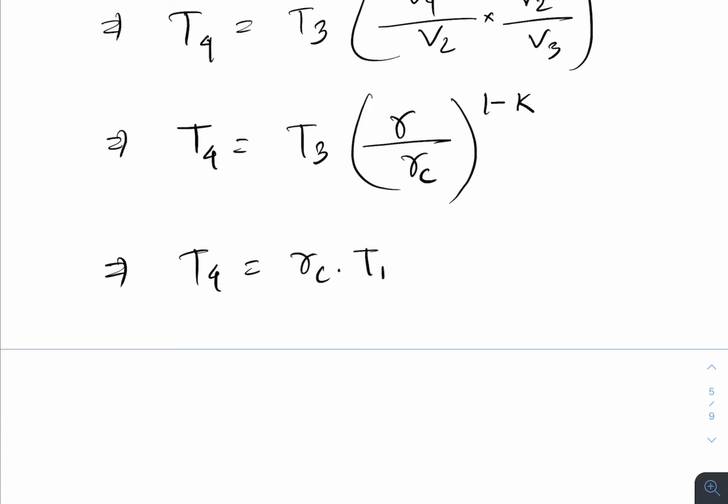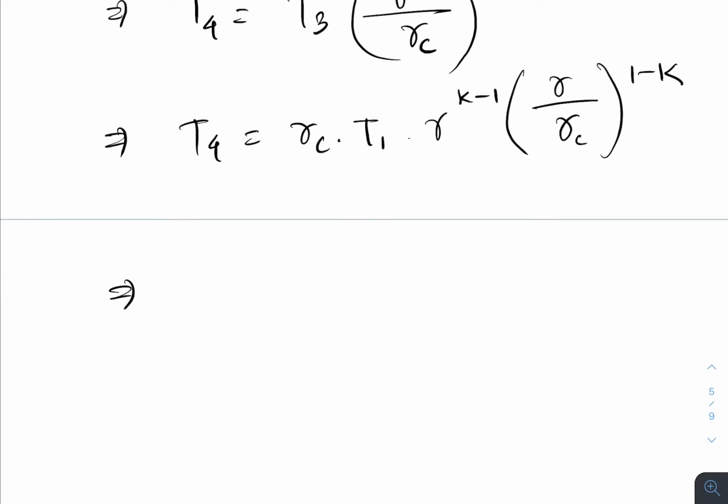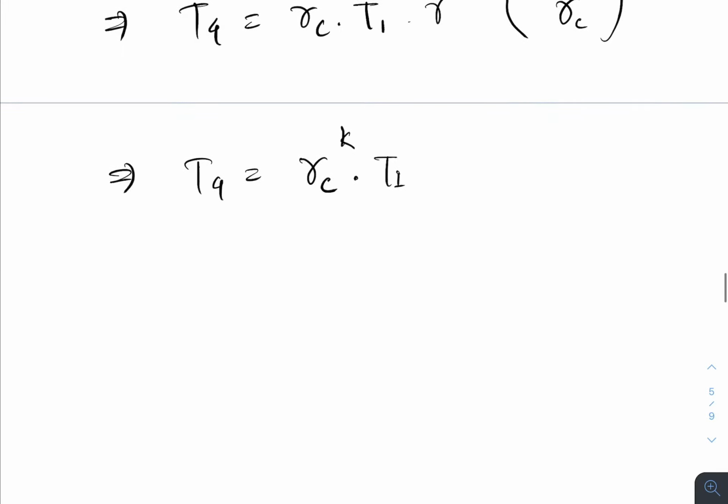T3 equals RC times T1, and it becomes R to the power K minus 1 times R over RC to the power 1 minus K. So T4 equals RC to the power K times T1. So we got T1, T2, T3 and T4.